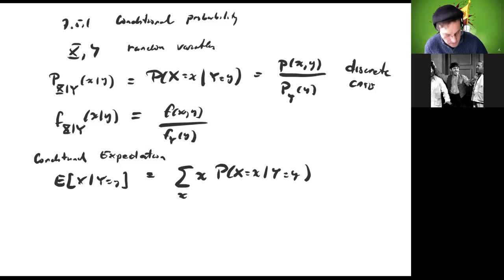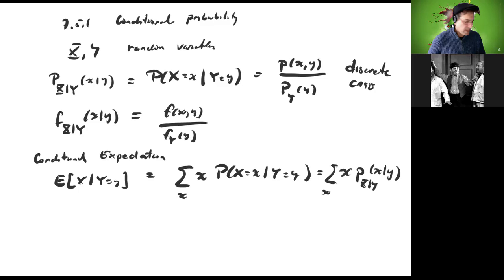In other words, it's the sum over all x of x times the PMF. That's in the discrete case.